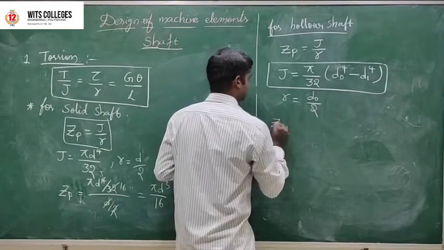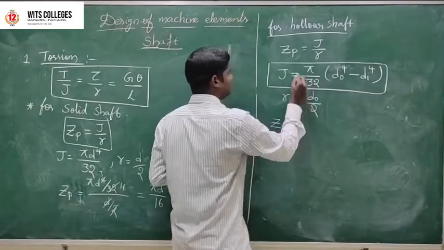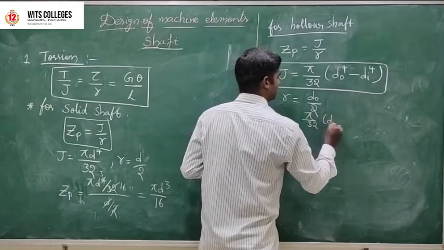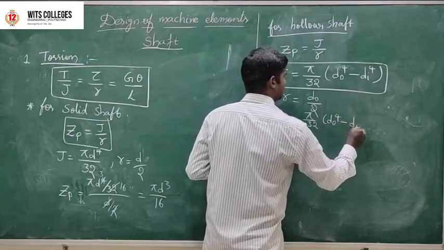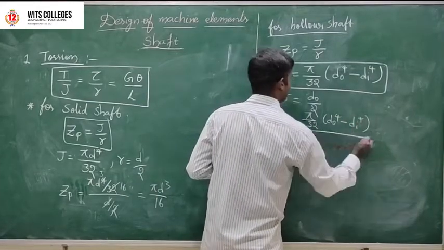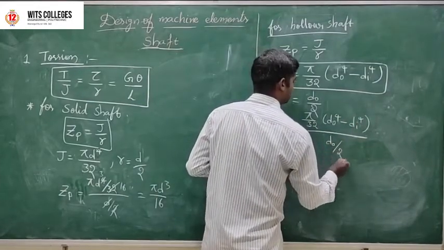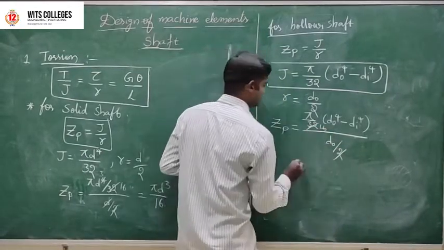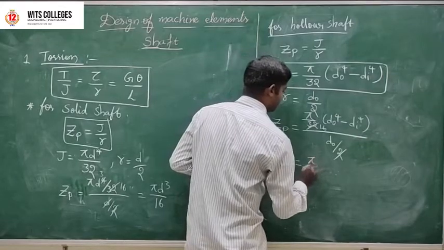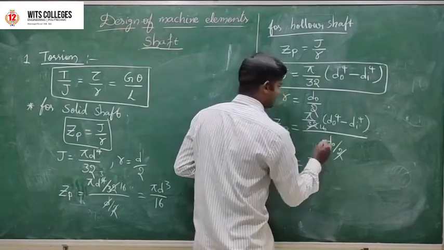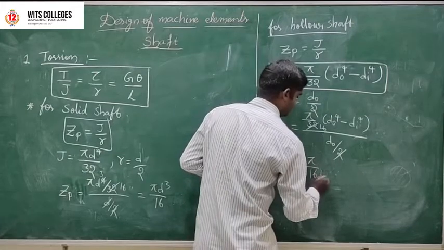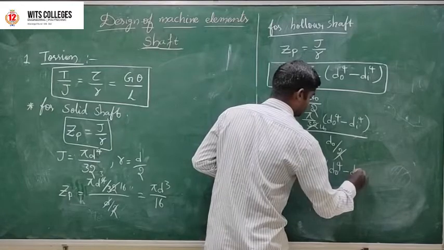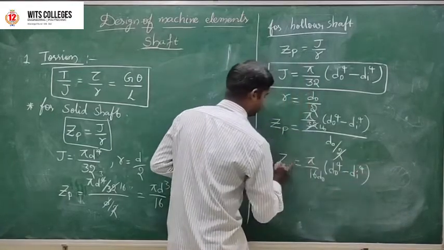Substituting these two equations in ZP, we get pi by 32 into D naught power of 4 minus Di power of 4 by D naught by 2, so ZP is equal to pi by 16 into D naught power of 4 minus Di power of 4, divided by D naught.